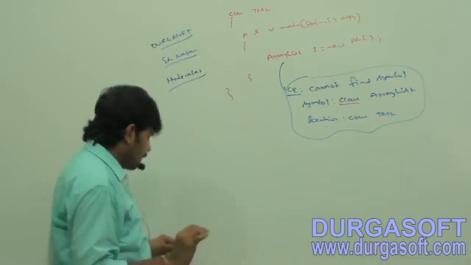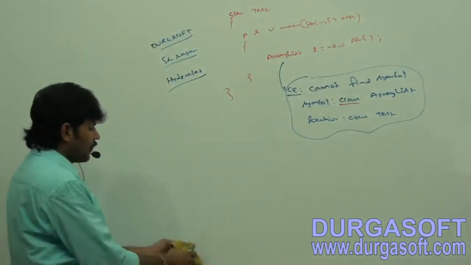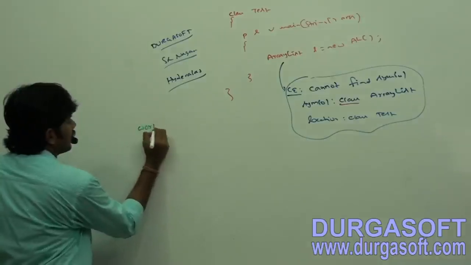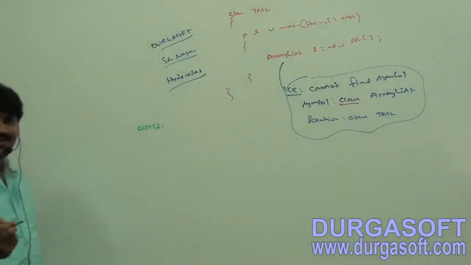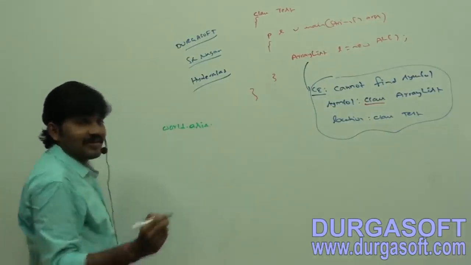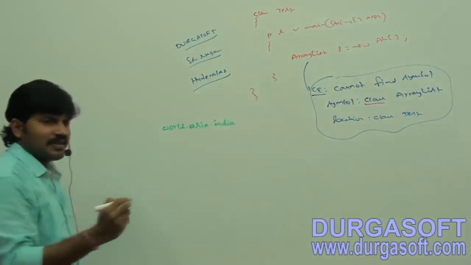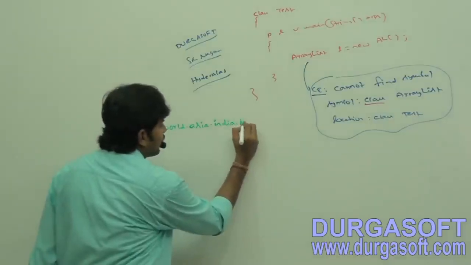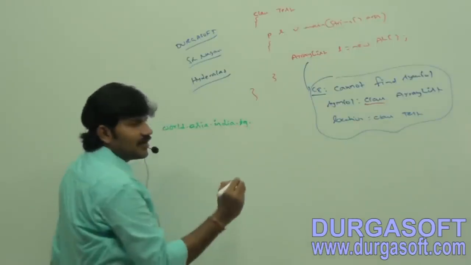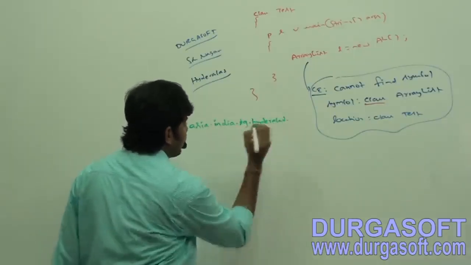So what I did is this. There is one location called the world. In that world, Asia is there. In Asia, the country India is there. In India, there is one state named TG, Telangana.